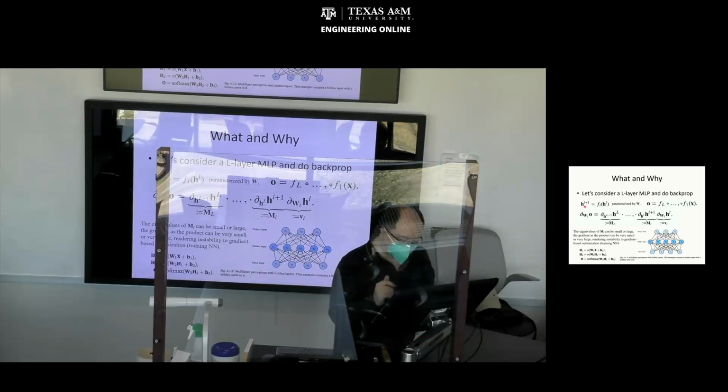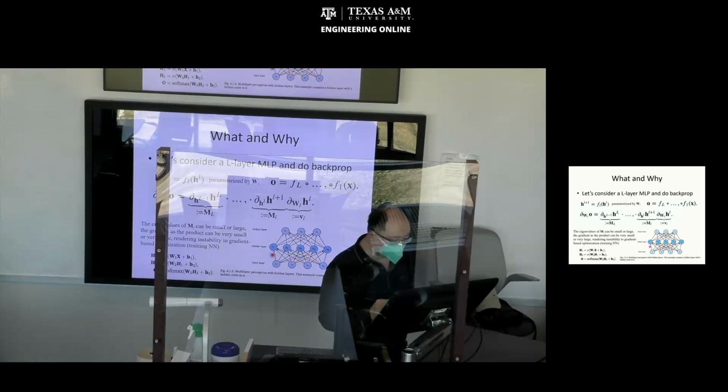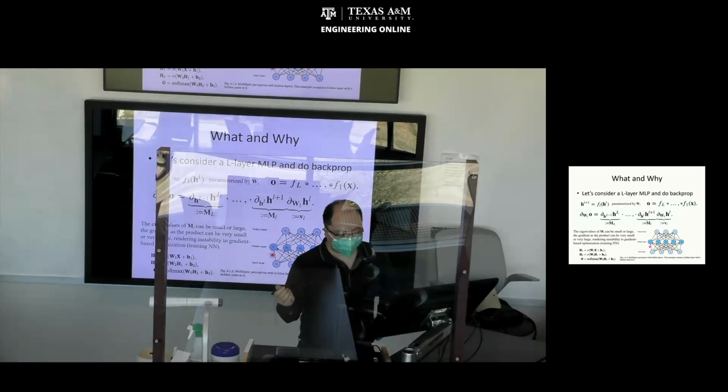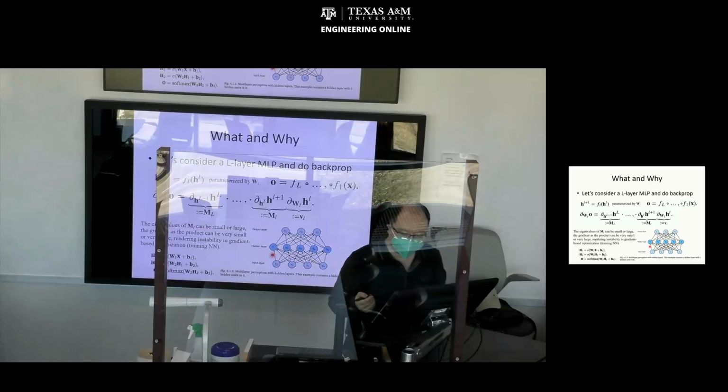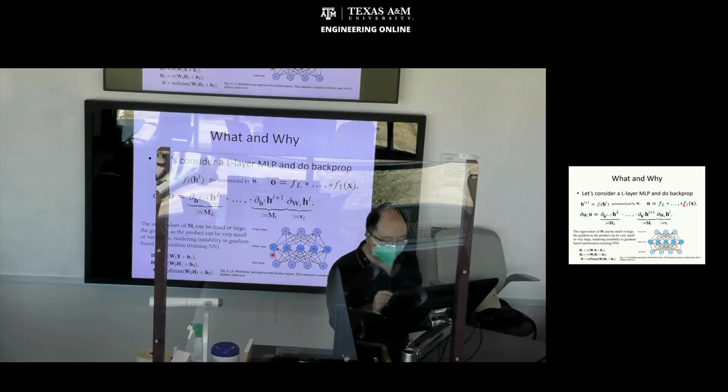And the input to the next hidden layer is a function of the previous hidden layer, so that is parameterized by W. As we said before, it could be a linear and then followed by a nonlinear. But essentially, as we said last time, it's like a composing.